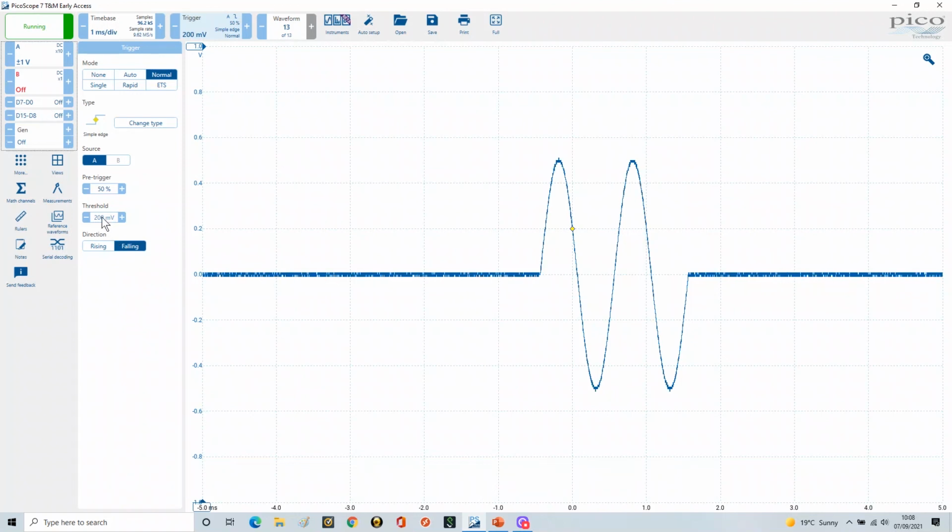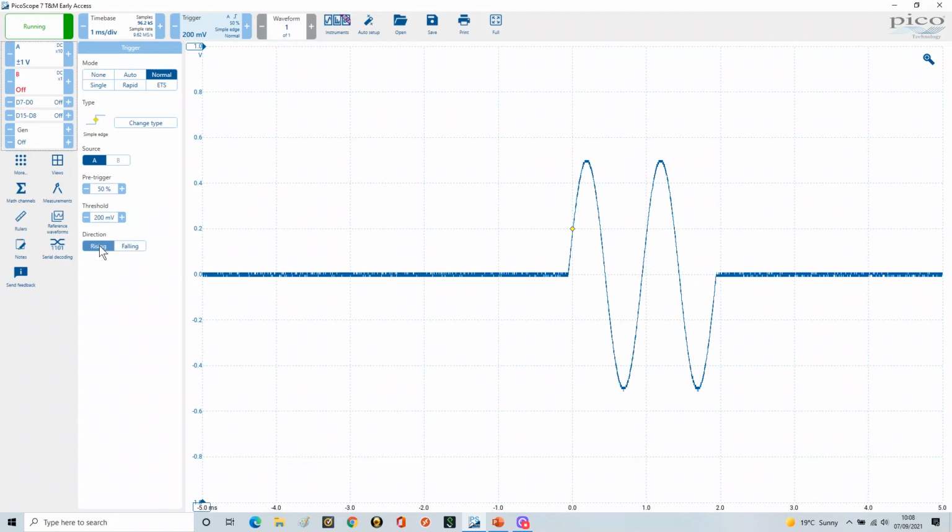Similarly, if I do this from a rising edge perspective, just to show you this, let's put it on a rising edge. Now it'll catch it earlier here because there's a 200 millivolt point, it's on a rising edge. So the signal starts at 0, comes up through 200 millivolts, going positive, and it's captured it there.